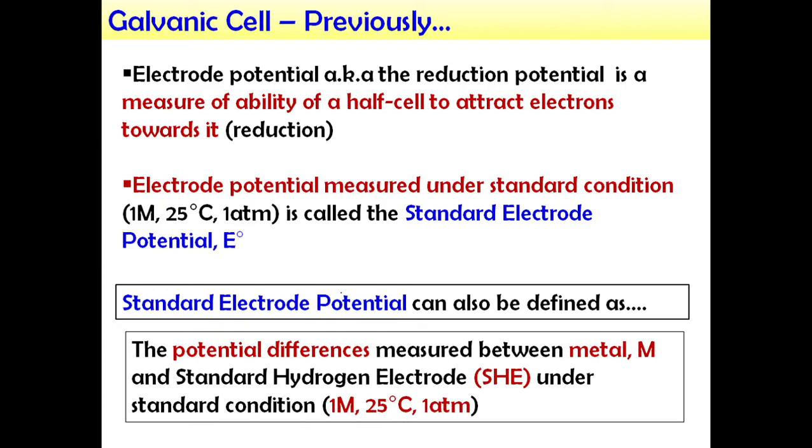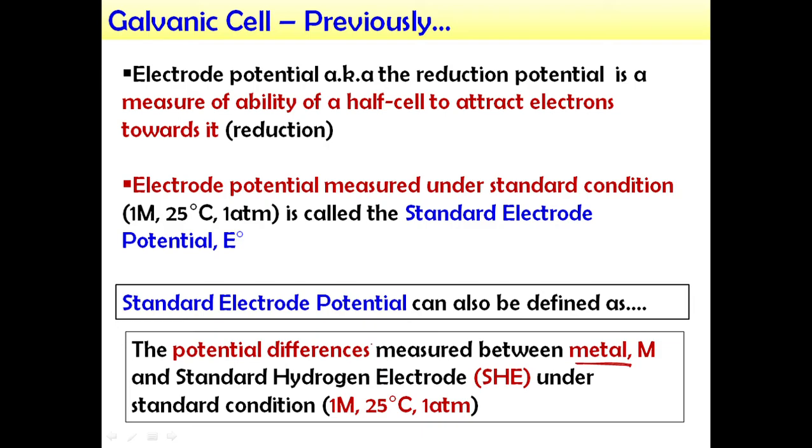Sebab nak tentukan nilai ini, kita guna potential difference between that species. Okay, macam tadi zinc, copper, so that metal dengan SHE. And then we're going to measure under standard condition. Okay, jadi ada dua definition yang kita boleh guna. Boleh guna this definition. Okay, the first one or the second one. Okay, mana-mana? Okay, boleh je.